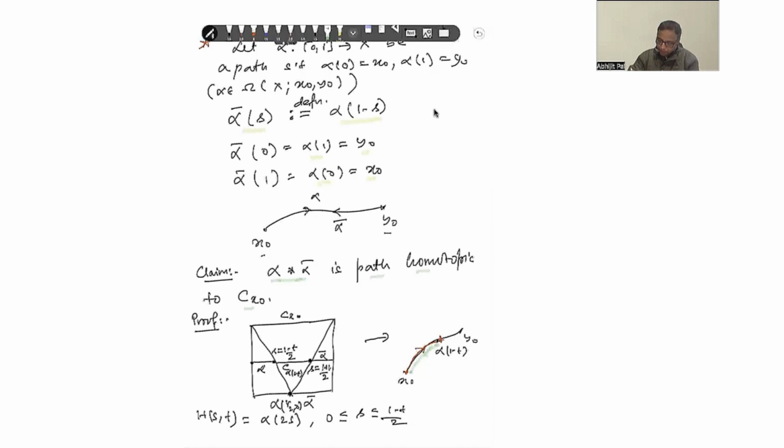So at any time t, what is the path? You go there and again come back. So that is my path, and that will give you the homotopy. You can write the homotopy explicitly. So h(s, t) is alpha(2s), where s is varying from 0 to (1 minus t) by 2.